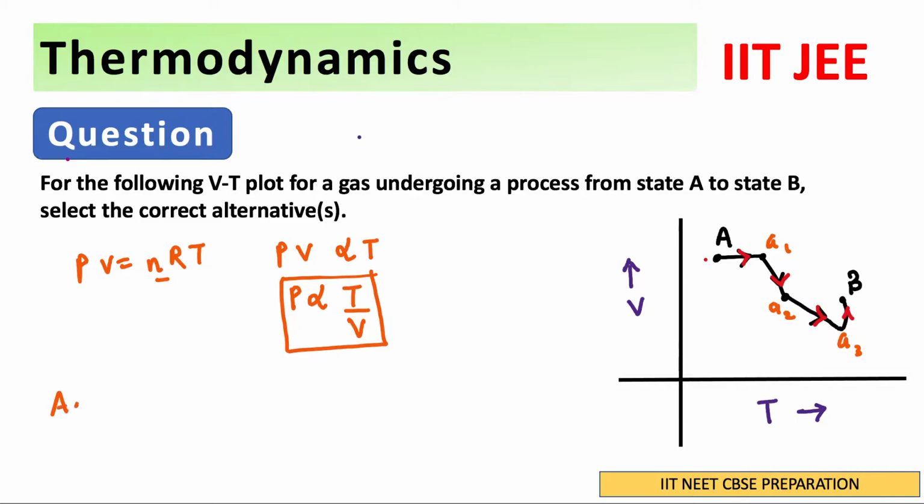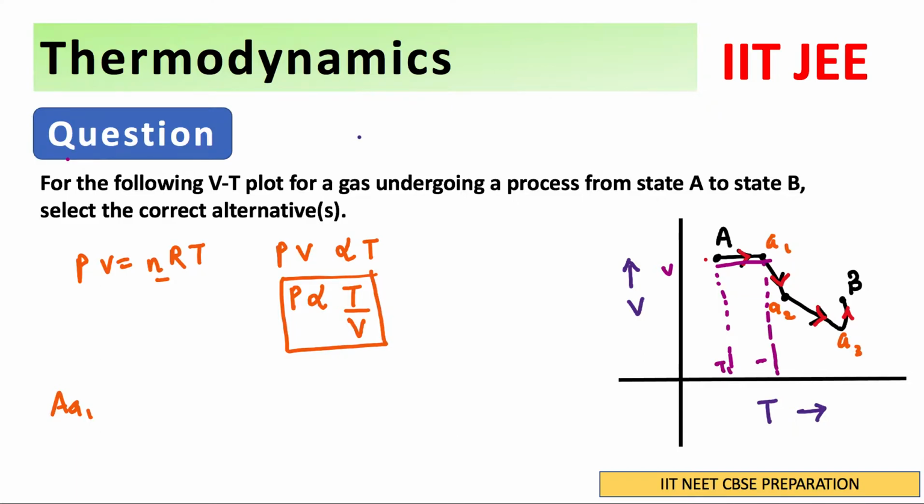So let's see this part, AA1. I'll take a different ink. Now what is happening in AA1? If you see in AA1, volume is constant in this part of the graph. So volume remains the same, but the temperature has changed from T1 to T2.